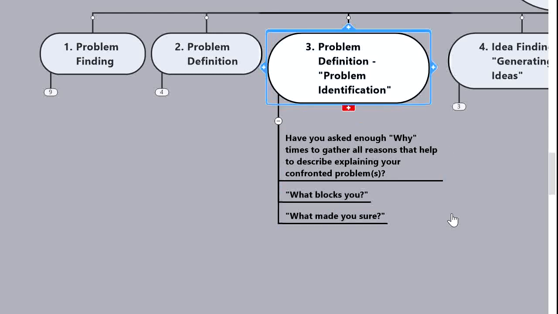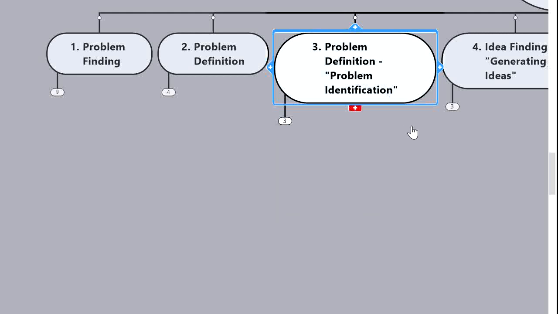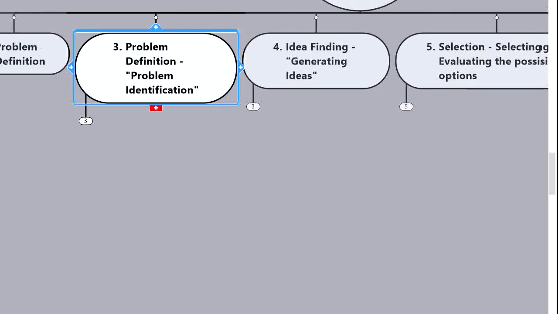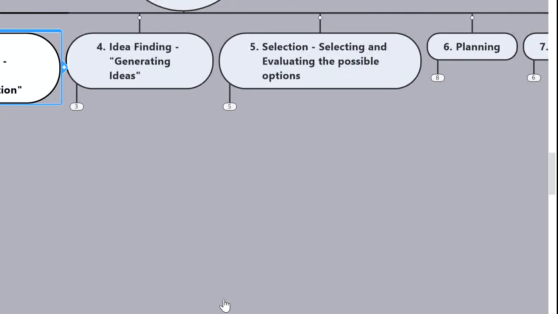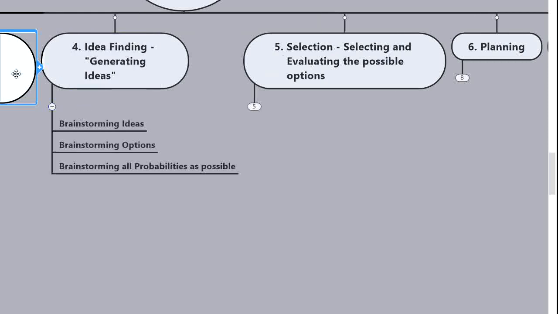So this is the third phase, about problem identification. Then we go on to the fourth part, idea finding. After I answer the previous phases, I come here to generating ideas, brainstorming ideas.